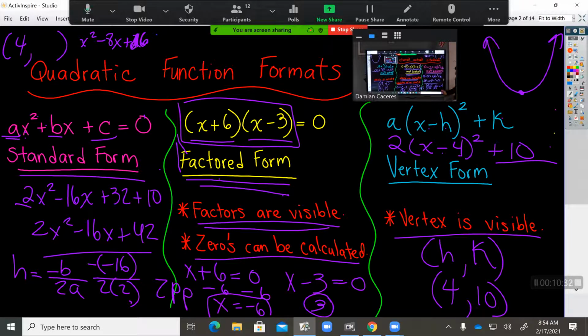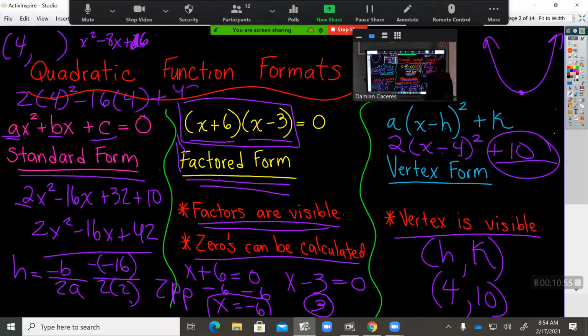You with me? Now, how do I find k over here? By looking at that number. But here, you can't just look at it because it's not in that format. So what you need to do here is plug in the 4 where x is. So that would be 2 times 4 squared minus 16 times 4 plus 42.